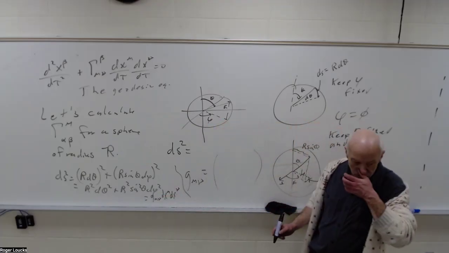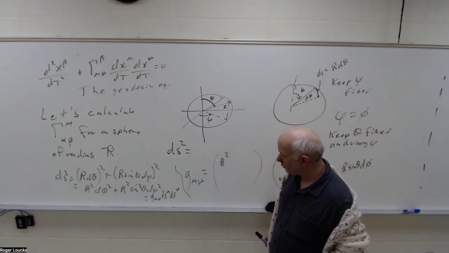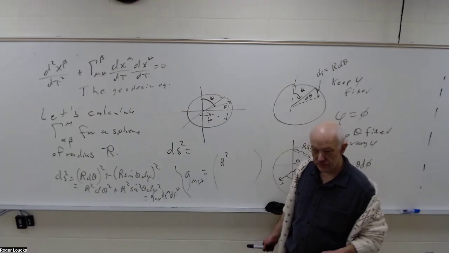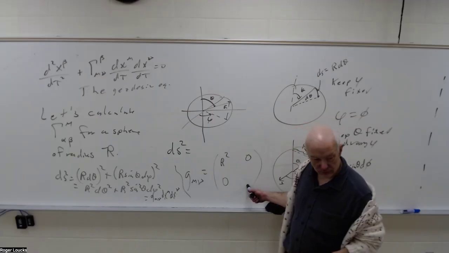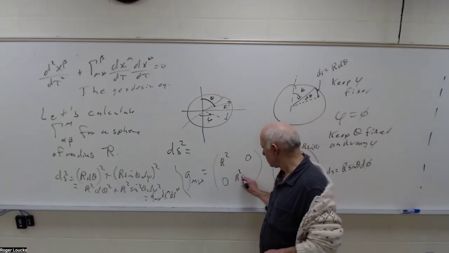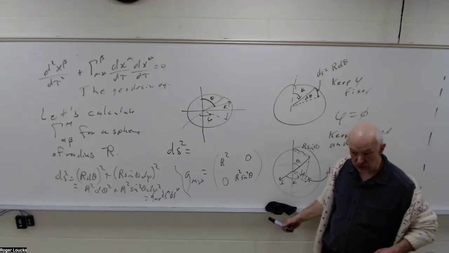So what is g11? R squared. Is there any term that has a d theta d phi? No, so these are 0. This one corresponds to R squared sine squared theta. So this is my g.